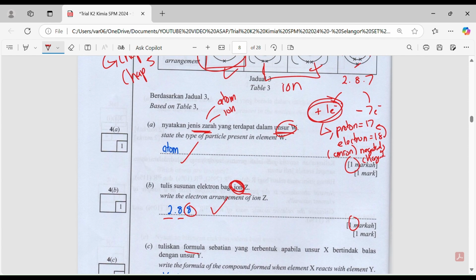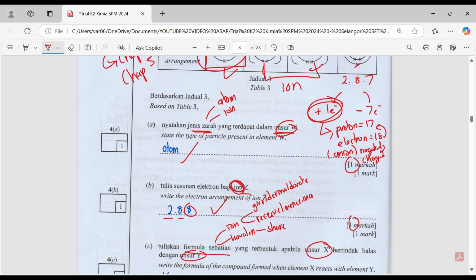Next, write the formula of the compound formed when element X reacts with element Y. Compound, there are only 2 types: ionic compound, covalent compound. An ionic compound is formed when they give away their electrons, they donate their electrons, or one of the elements donates and another element will receive electrons.